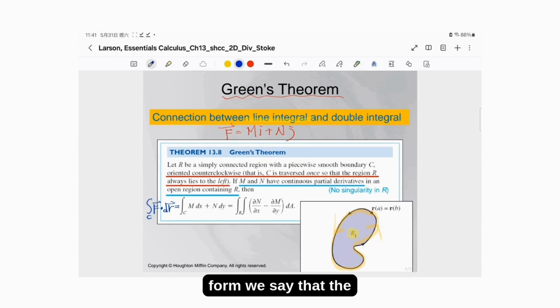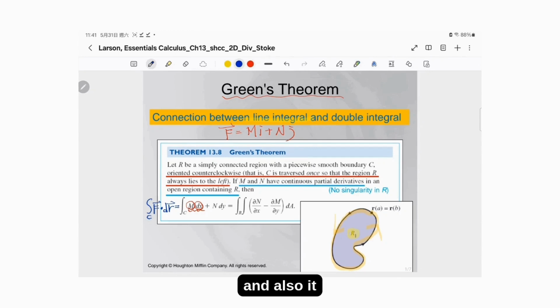In the differential form, the total work will be equal to the work done by the M force. Therefore, it will be the M component of the force times the displacement in the x direction. This is your work done by the M force.